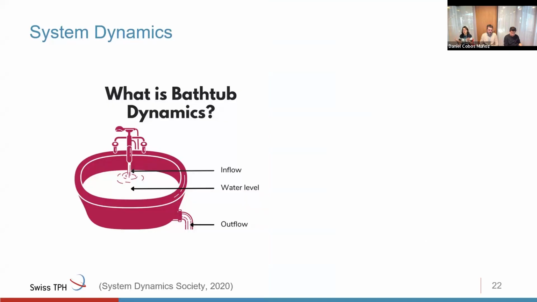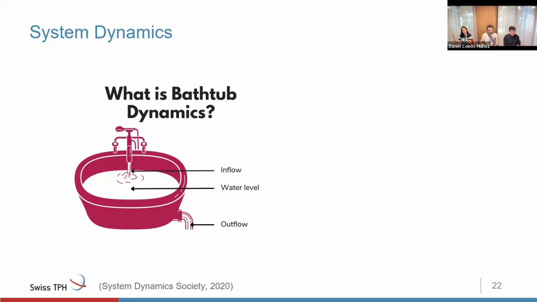And sometimes it could be as simple as a background idea of a bathtub, or I call it a sink. The basic concept of system dynamics models is the inflow and outflow and the water level changes.